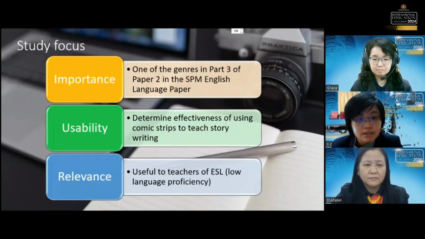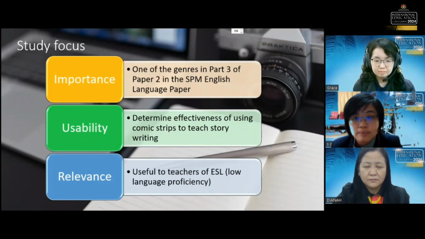The usability of the research will be tested to determine the effectiveness of using comic strips to teach story writing, especially for learners with low proficiency. Meanwhile, the research is also relevant, as information gathered would be useful for teachers of ESL to teach students with lower language proficiency.